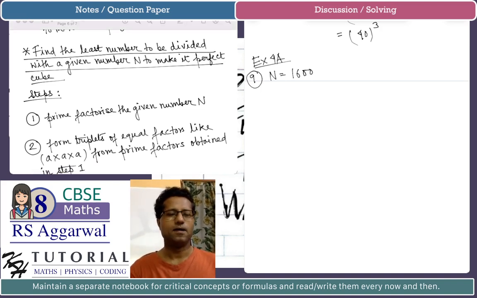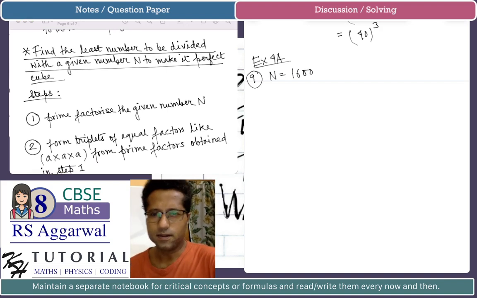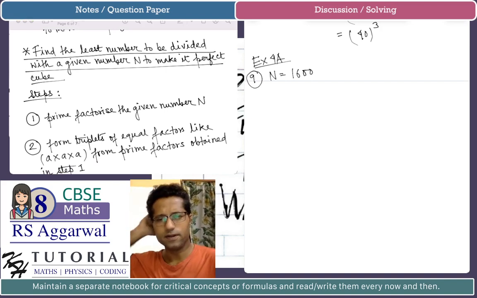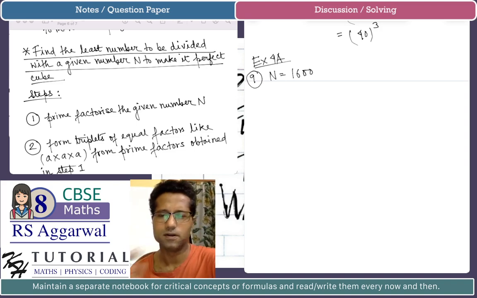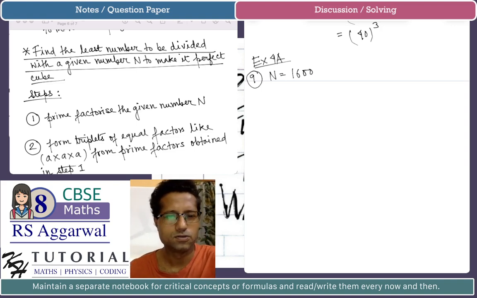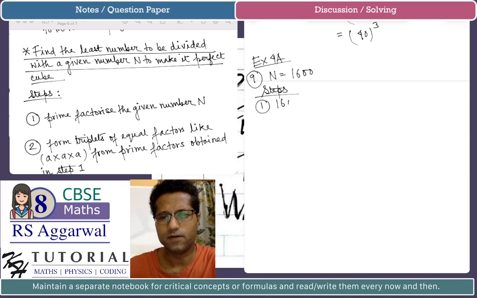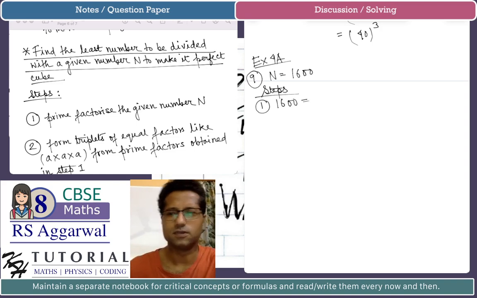The first step is anyway to find the prime factorization of the given number. So in step 1, I will prime factorize the given number 1600.